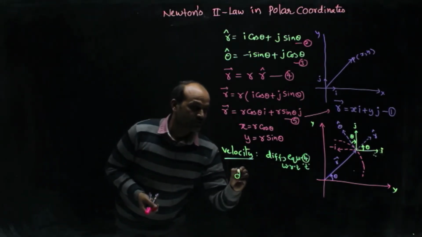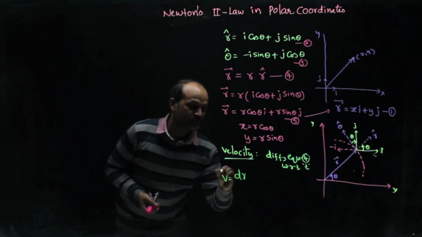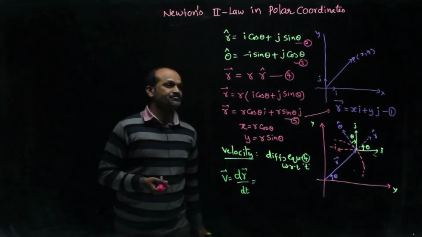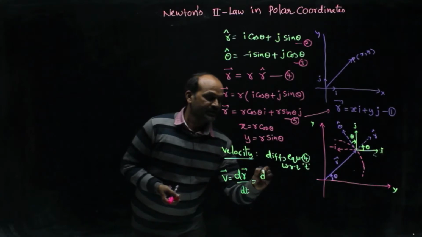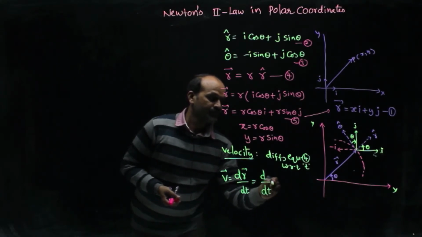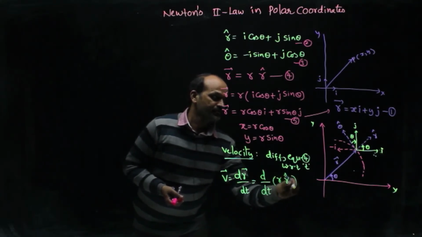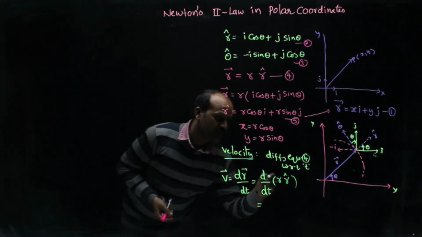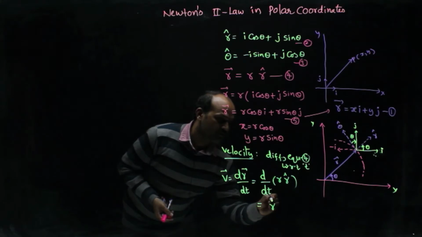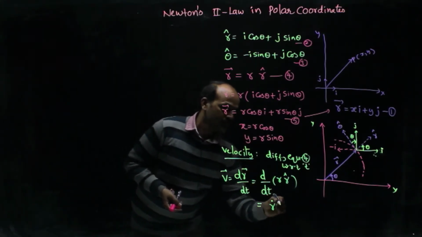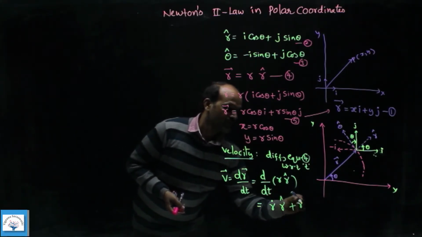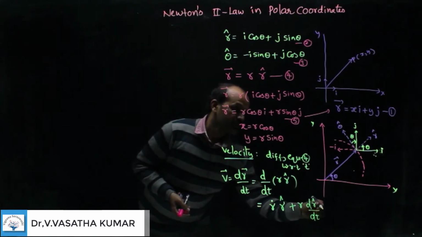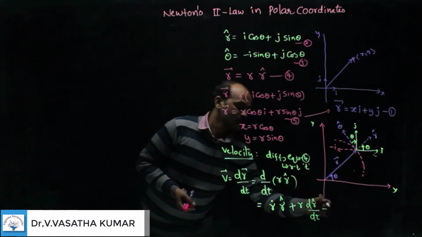So velocity is equal to dr bar by dt, and d by dt of r into r cap. You apply the UV method, then dr by dt, I am writing r dot, means dr by dt into r cap plus r into dr cap by dt, equation 6.